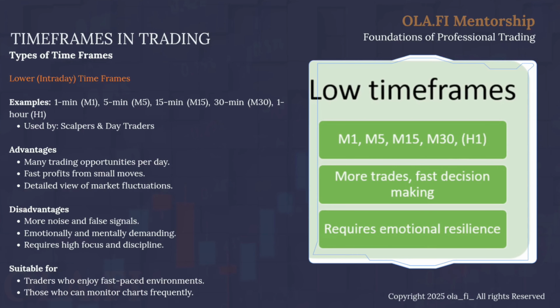The disadvantage is that there is more noise and false signals. For instance, if you know what the current weather is like over a certain period, and one day goes against it, it doesn't mean the season has changed.